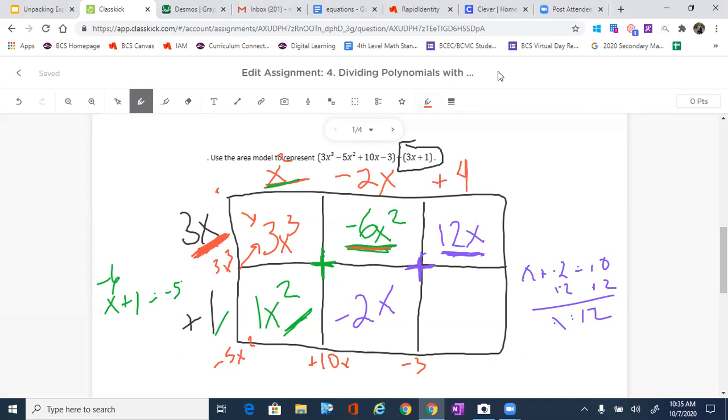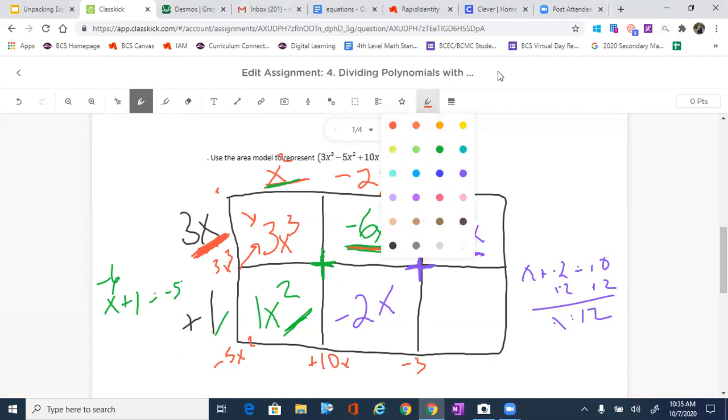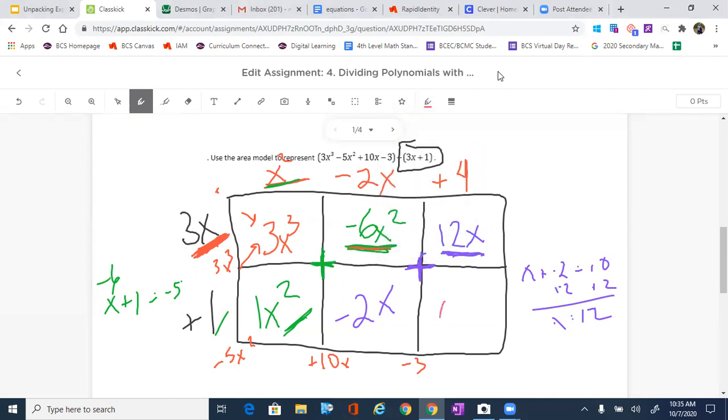And then I say, okay, 4 times 1 we know is 4. And then I say, well, this 4 and that negative 3 are not the same. Because they're not the same, that tells us we have a remainder. So I've got to find out, what do I add to that 4 to get negative 3?